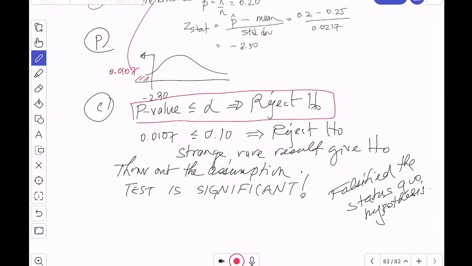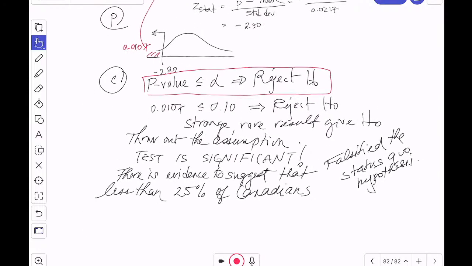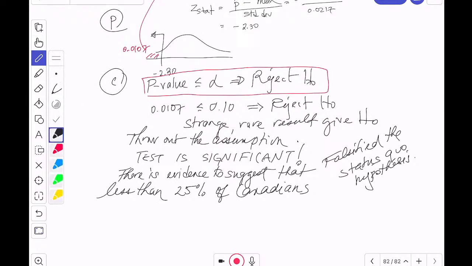So that means there is evidence to suggest that less than 25% of Canadians support Trump.